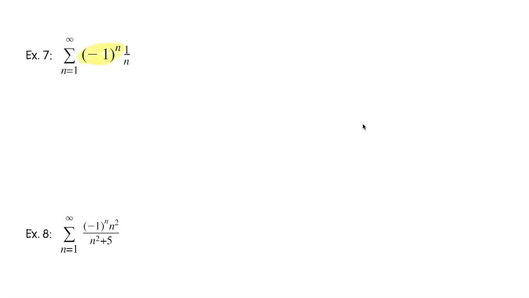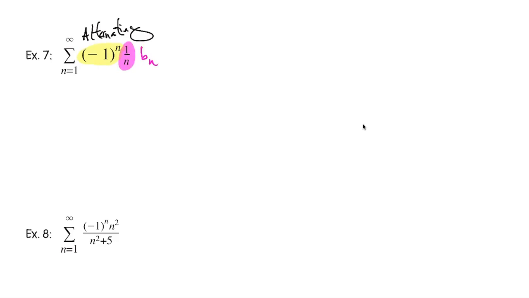This part right here tells me that it's alternating. What does that mean the b sub n is in this case? 1 over n. 1 over n, good. So this is our b sub n, okay?